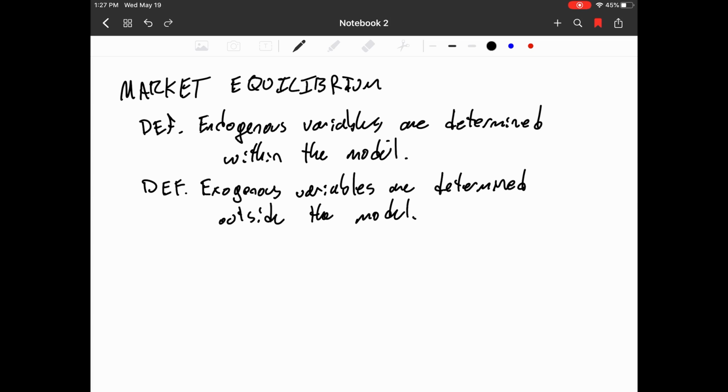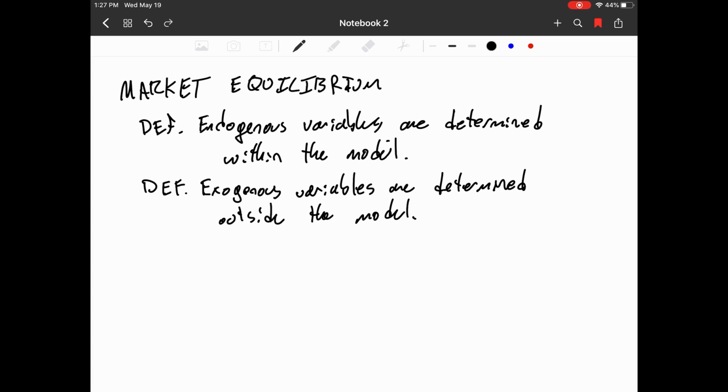So, for example, an endogenous variable in this model is P, since it's determined by the intersection of supply and demand. QD and QS are also endogenous variables. Exogenous variables are variables that are determined outside the model.